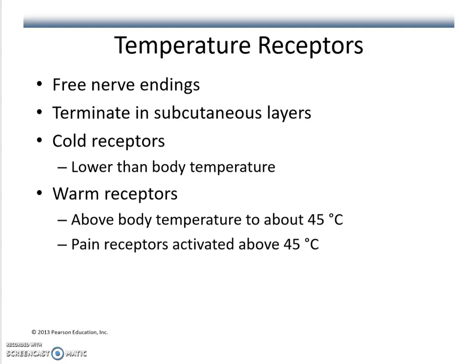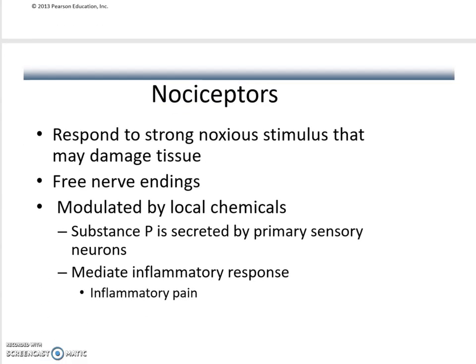So that's really a very high fever. Remember, body temperature is about 37 degrees Celsius, so at 45, it gets warm. And once the temperature is so hot that it starts hurting, then you're activating the pain receptors to perceive the heat. And that's supposed to be protecting you from dangerous heat that could denature your proteins.